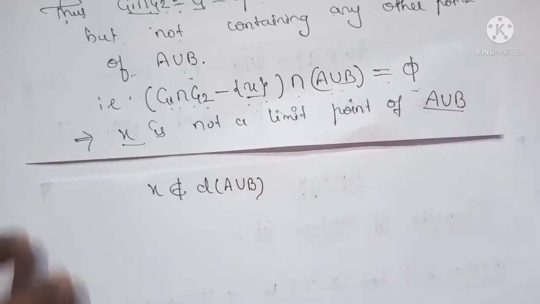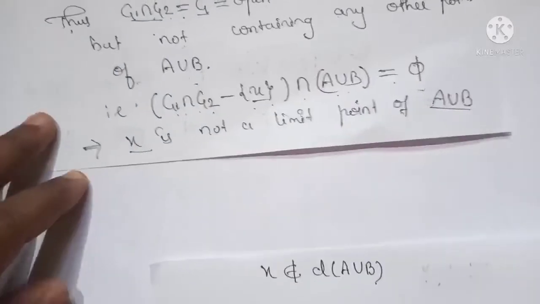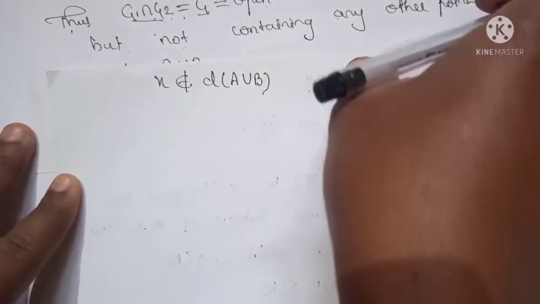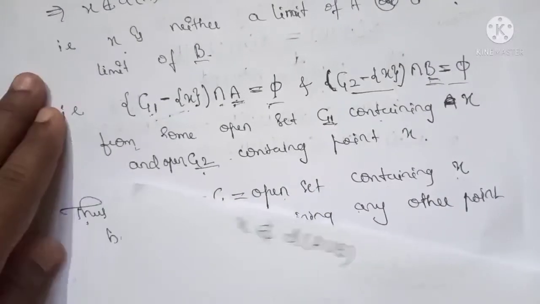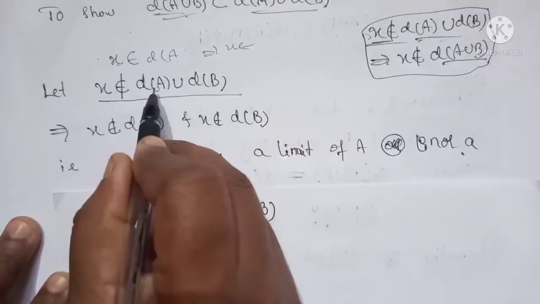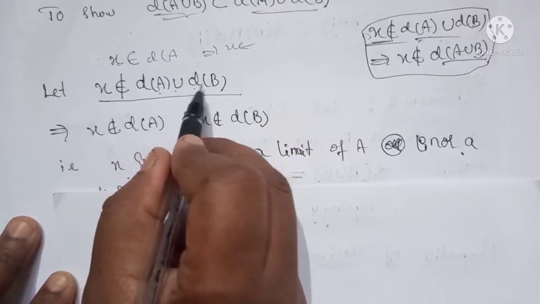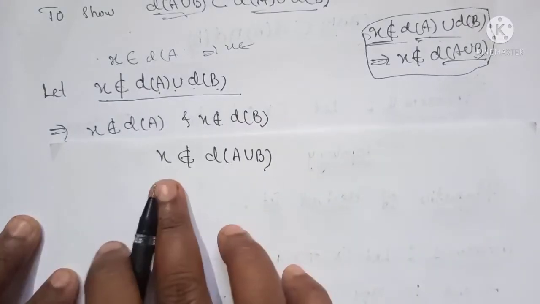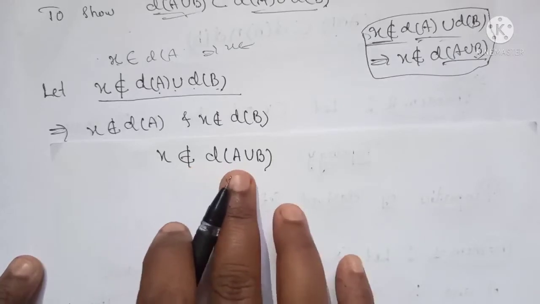So here we started from x does not belong to derived set of A union derived set of B, and we have proved that x does not belong to derived set of A union B.